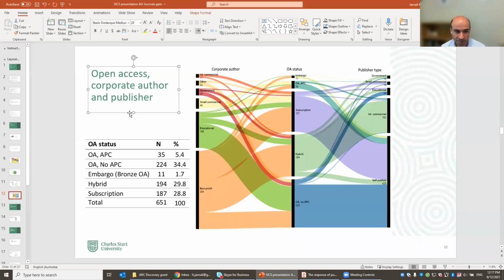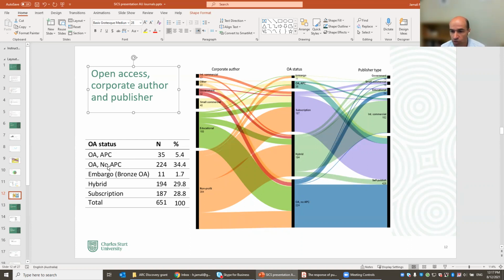Open access: we looked at the publishing model of journals, because in order to survive, journals need to have some financial health. They need to be funded properly, either by making money or by somebody paying for their publication. A large number of them, about 39%, are open access or free in a way.